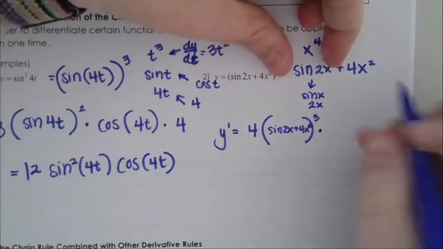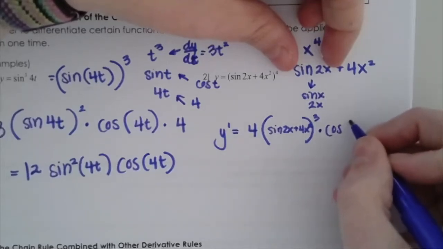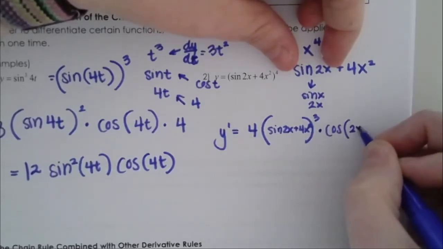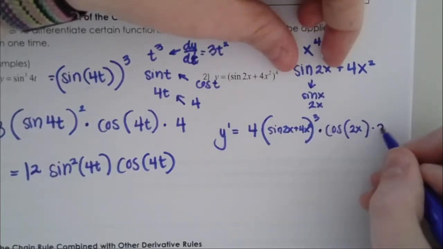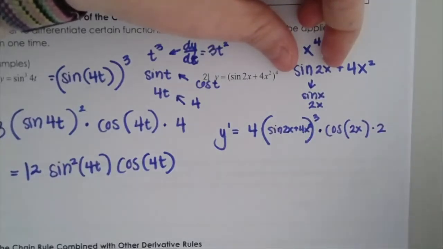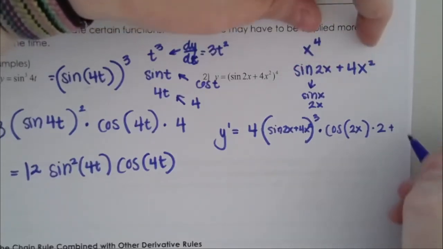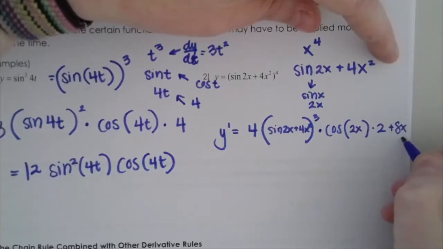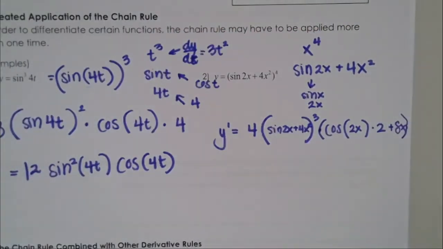So times the derivative of sine is cosine, 2x is on the inside, times the derivative of that inside is 2. Then we have plus the derivative of 4x squared is 8x. So this all is multiplied by this piece right here.